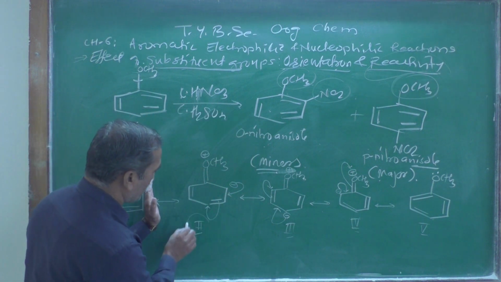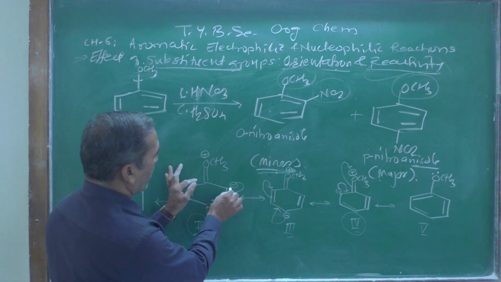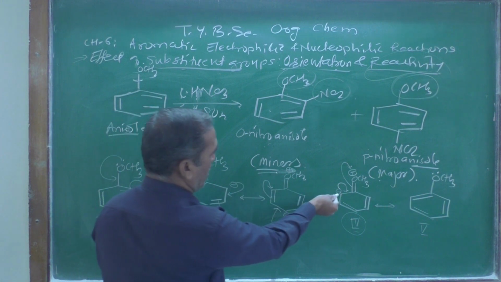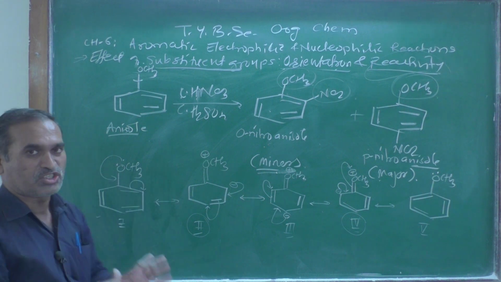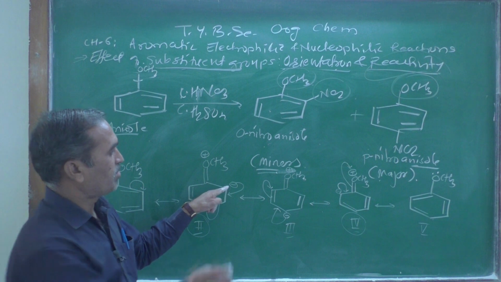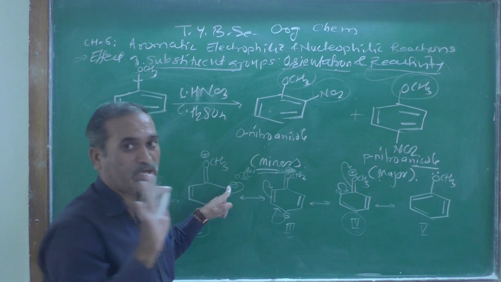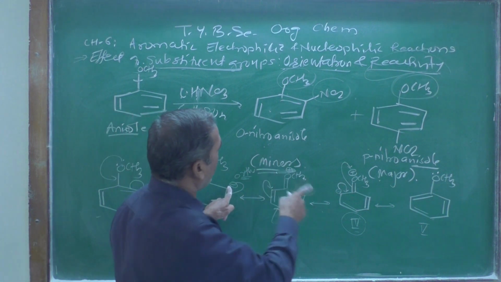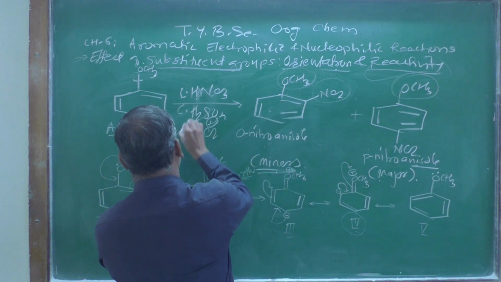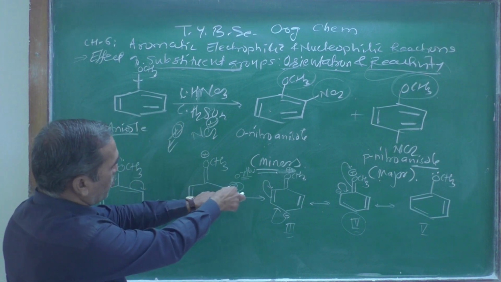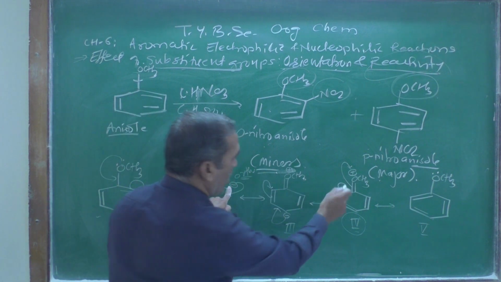If you see structure number second and structure number 4 carefully, what do you see? On the right hand side there is a negative charge, and on the left hand side at the ortho position, because as we know these two positions are identical, at the ortho position there will be a negative charge. And when you are adding the electrophile, and here the electrophile is NO2 plus, means E plus, now at the ortho position there is a negative charge and the positive is attacking at the ortho position.